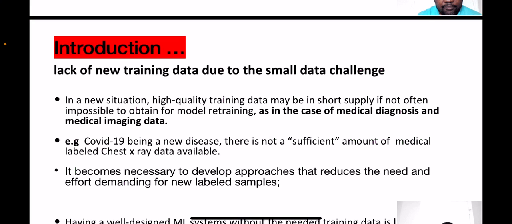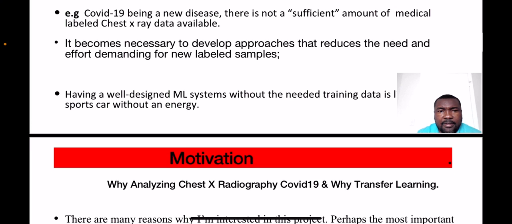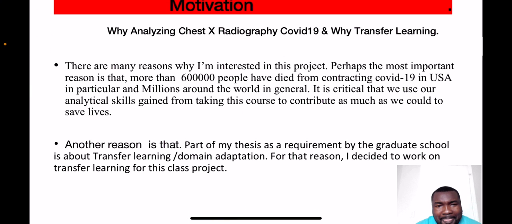What I mean by sufficient is, if you compare COVID-19 with a disease that has been around, like diabetes and others, you can see that COVID is quite new and we don't have a bunch of data. So it becomes necessary to develop approaches that reduce the need and effort demanded for new labeled samples. Having a well-designed machine learning system without training data is like having a sports car without energy. So that's just some analogy.